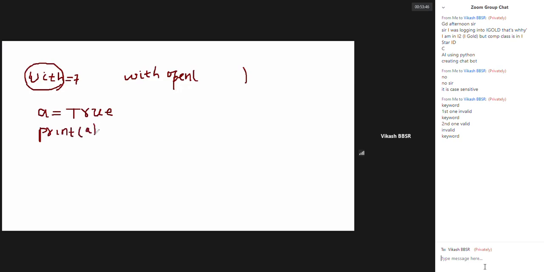So who can say what is the output? What will be the output?